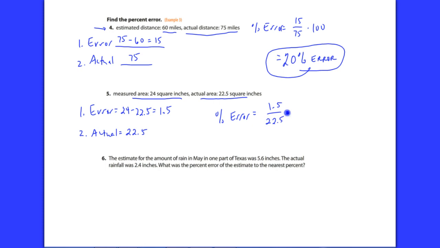Whoops, that's not equal, that's times 100. You divide that, multiply it times 100. I think you get 6.6 repeating, so let's round that off again to 6.7% error for that problem. It's that easy.